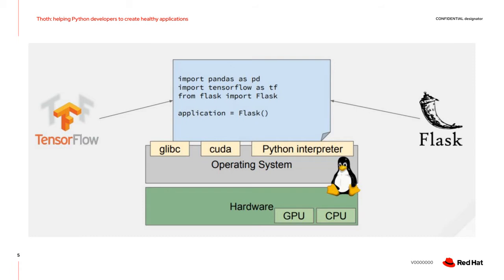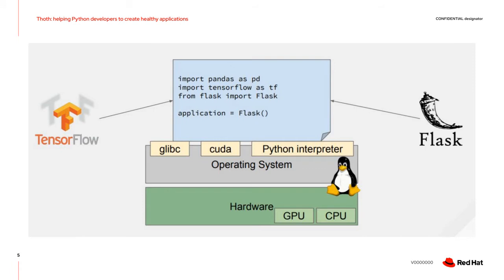We will combine these two libraries and create some application. By installing these two libraries, we install not just these two libraries, but also the dependencies of these libraries that are brought into our environment, and they need to fit.